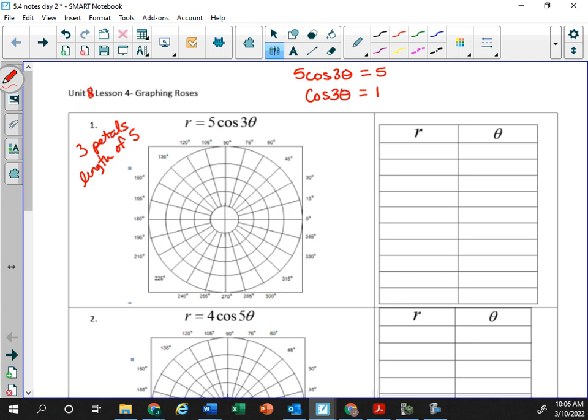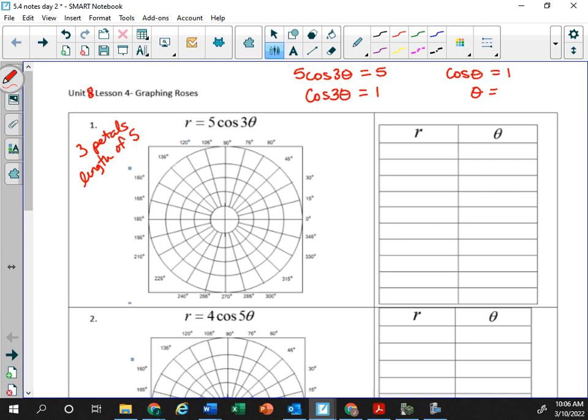Now we are back to solving a trig equation. You guys remember doing this a couple units ago? Oh dear, we have to remember things? Yes. So remember, we are thinking about when does cosine equal 1? Where does that happen? 0.